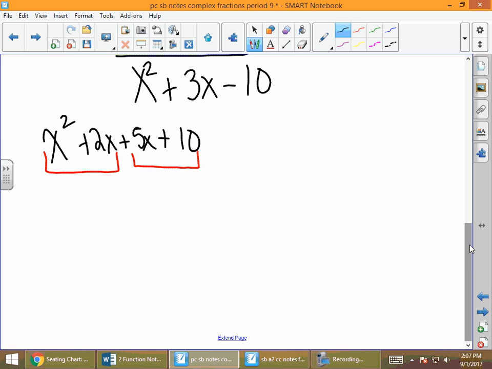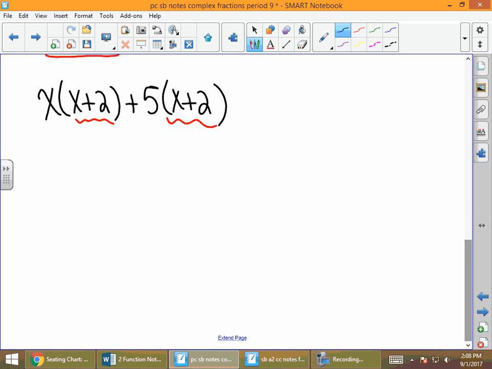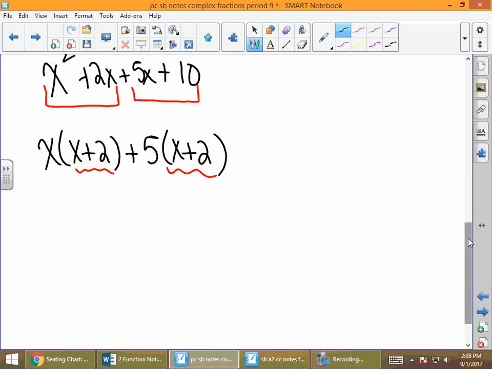And we end up with x times x plus 2 plus 5 times x plus 2. And luckily enough, we have an x plus 2 in both groups. So we end up with x plus 2 times x plus 5. So there's the numerator, the top of the fraction.